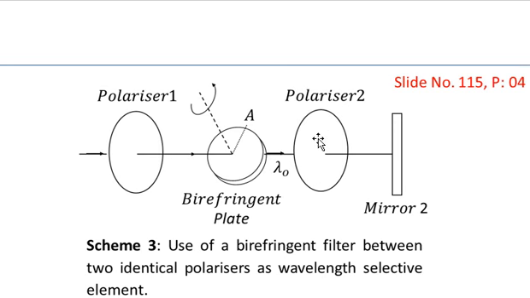In order to assure that the beam is not lost at the second polarizer, we want the beam which emerges from the birefringent plate to have the same polarization as that of polarizer 2. And for that, we have described what should be the arrangement of the birefringent plate.